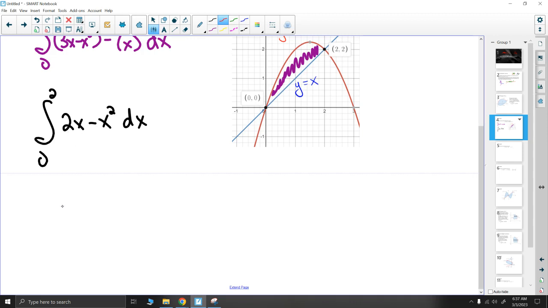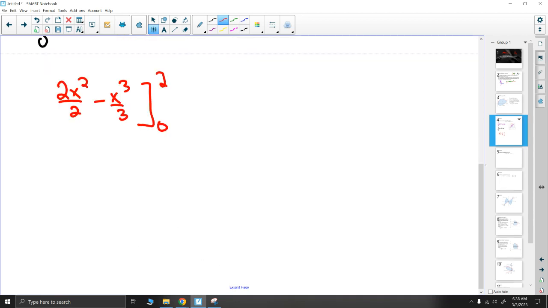So we will integrate it. This would be 2x squared over 2 minus x cubed over 3. And we're going to integrate it from 0 to 2. So 2 squared is 4. These 2's cancel. We just have 4. Minus 2 times 2 is 4, times 2 is 8, so 8/3.